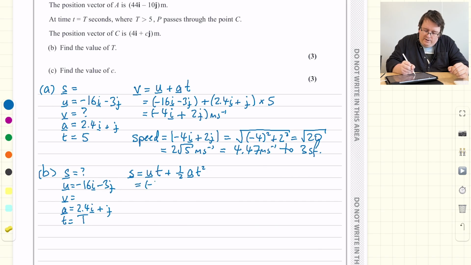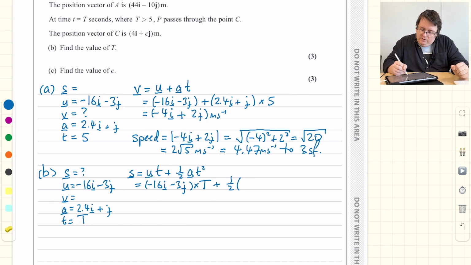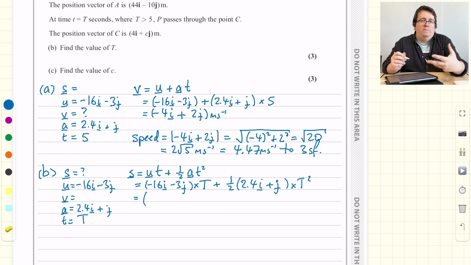So that's (minus 16i take away 3j) times capital T plus 1/2 times a, which is (2.4i plus j), times T squared. So let's group everything together. The horizontal components first.